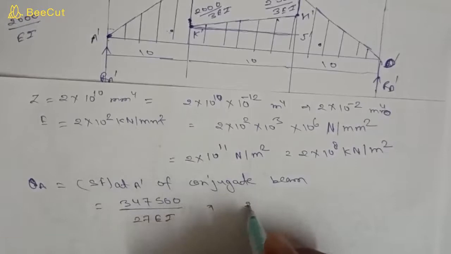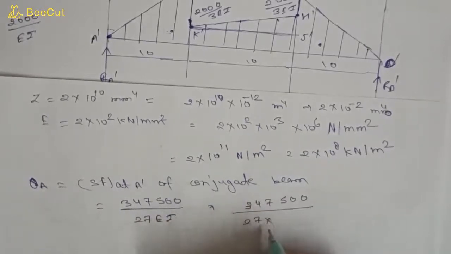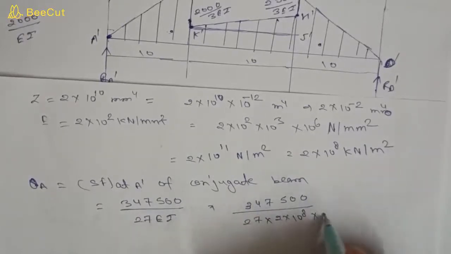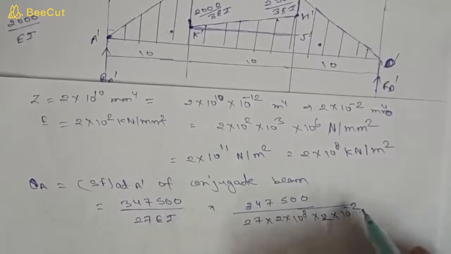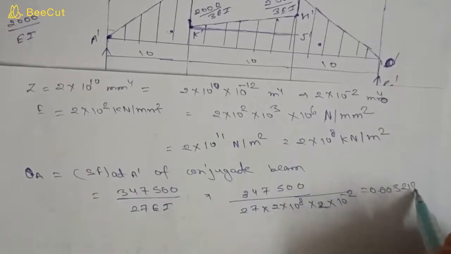So we will put the values of EI. 347500 upon 27 into E is 2 into 10 to the power 8 into I is 2 into 10 to the power minus 2. So you will get 0.003218 radians.